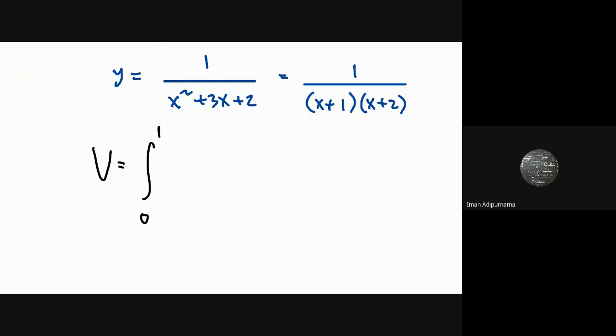Okay. We are just using the disk formula. It will be pi, then 1 over, or let me use the bracket, 1 over x plus 1, x plus 2, and this will be squared, and then dx.